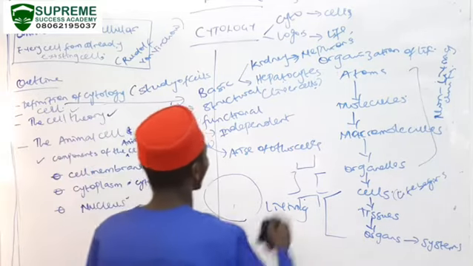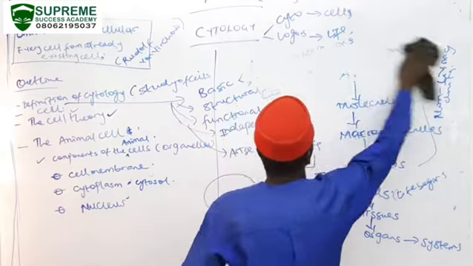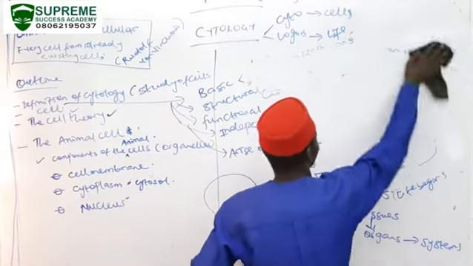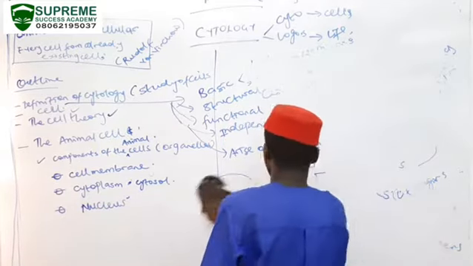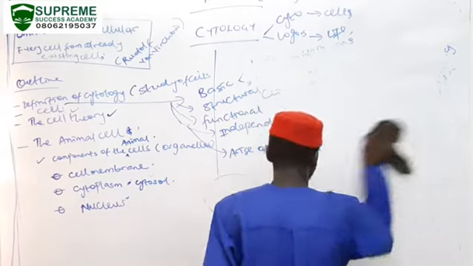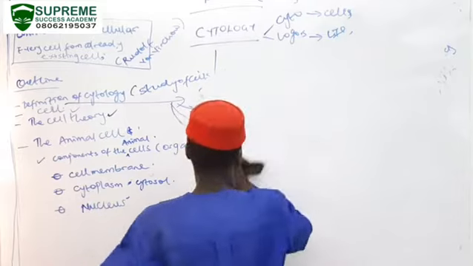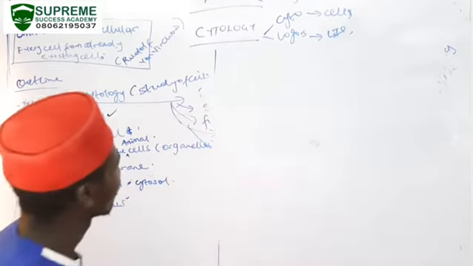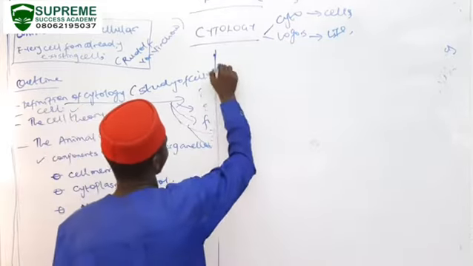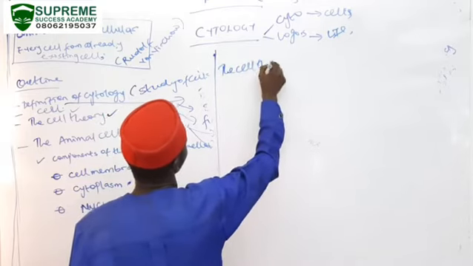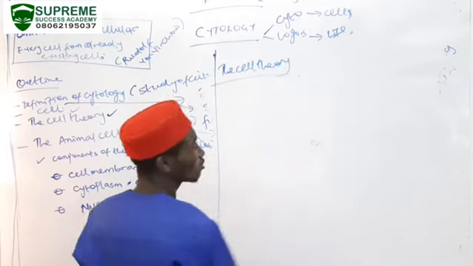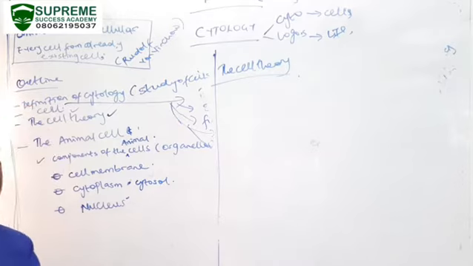Now, the cell theory was proposed by two scientists.